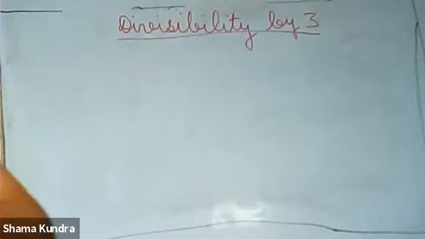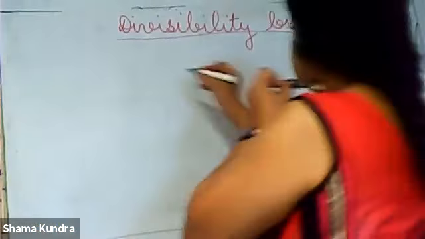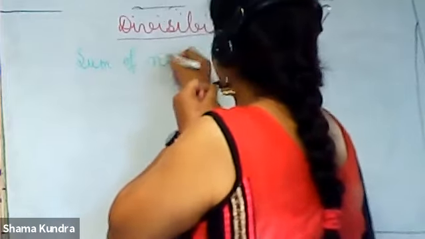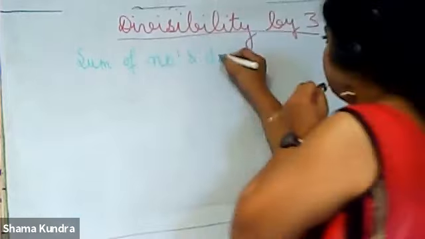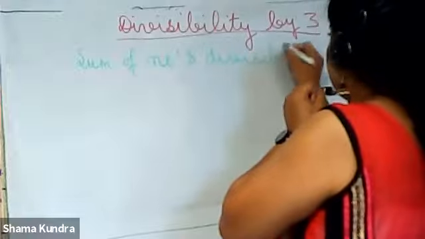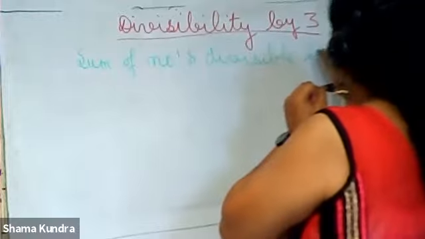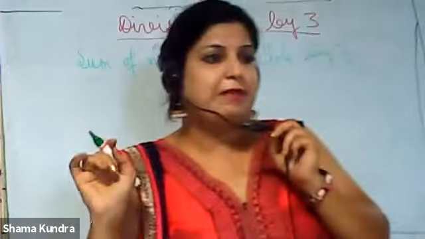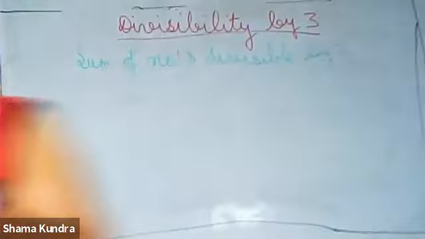Its rule is: if the sum of the digits is divisible by 3, then the given number is divisible by 3, otherwise not.